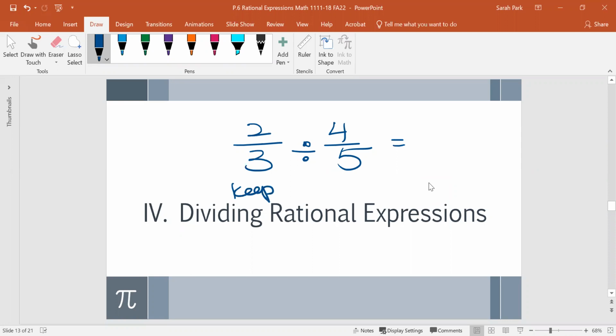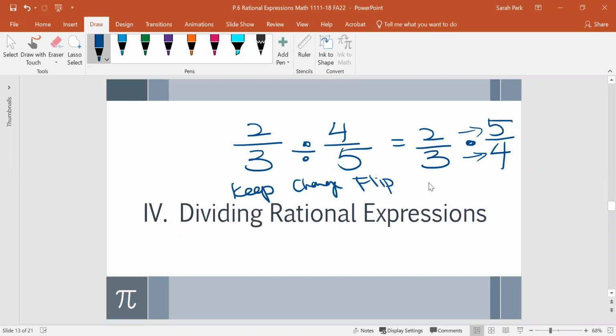Sometimes maybe you've learned it as keep, change, flip, where we keep the first fraction the same, change the division to multiplication, and then flip the second fraction around to 5/4. And then we would multiply straight across and then simplify.